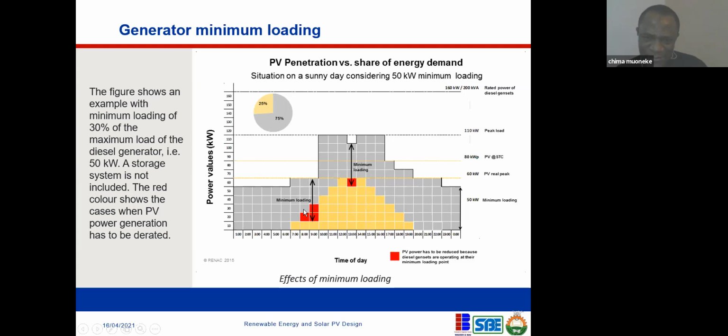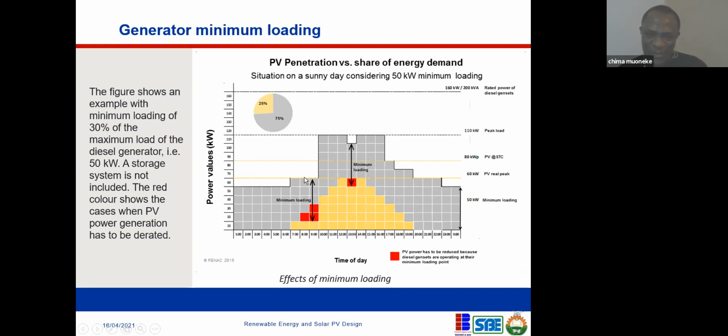Yes, your generator can only take 40 because your solar system is generating 20. But the condition states that your generator cannot perform below 50. So what that means is that you now have to derate your solar system so that your generator can take 50.